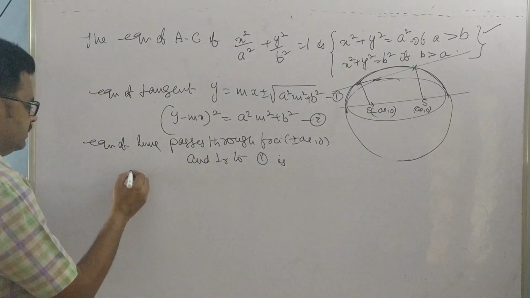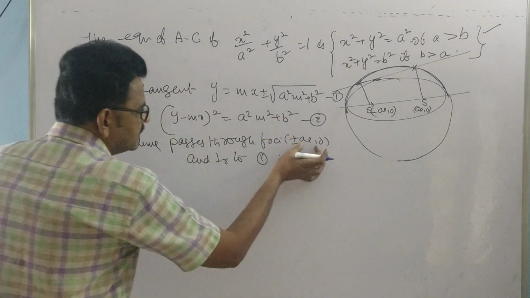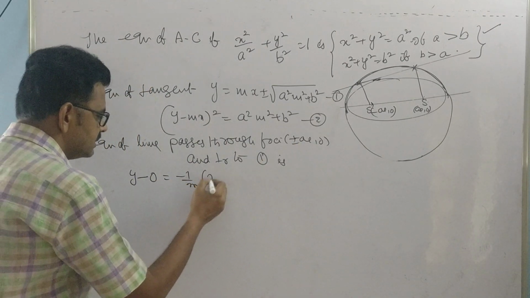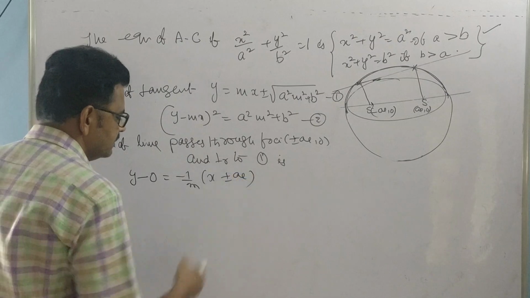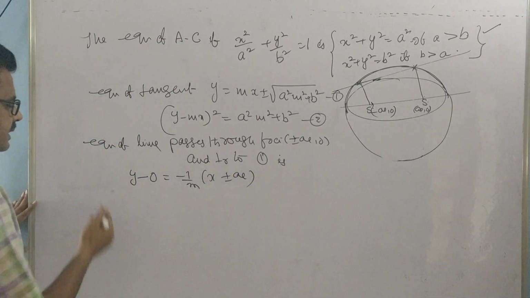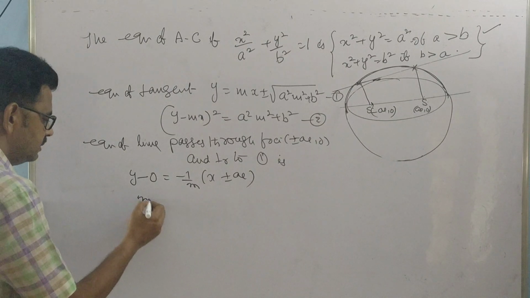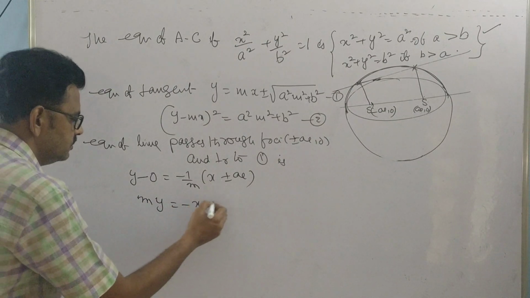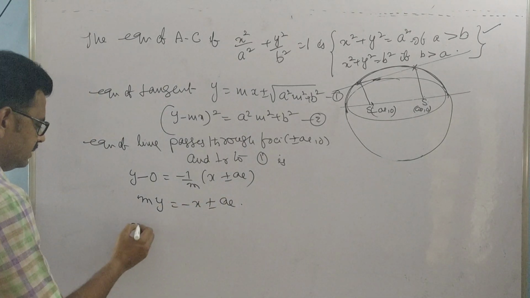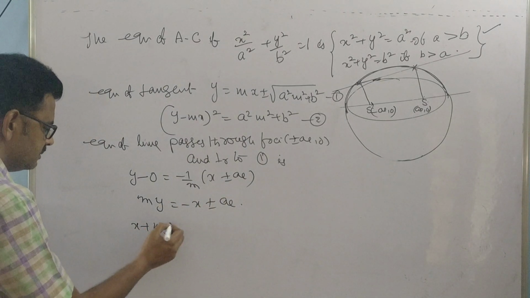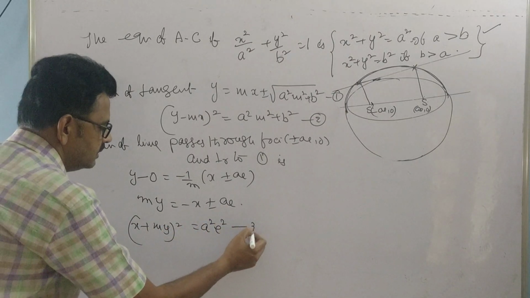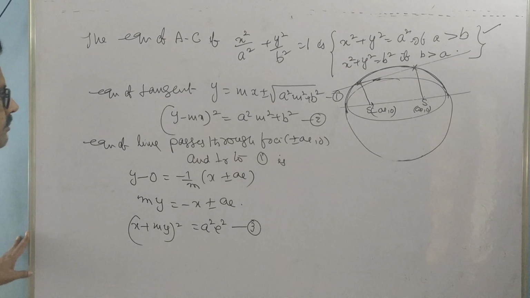So y minus y1 is equal to minus 1 by m into x minus x1, with x1 being plus or minus a. So take this side, my is equal to minus x plus or minus a. Now squaring on both sides, is equal to a square e square. So this is the third one.